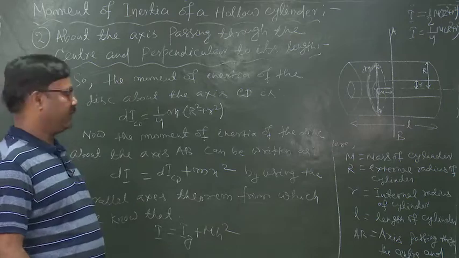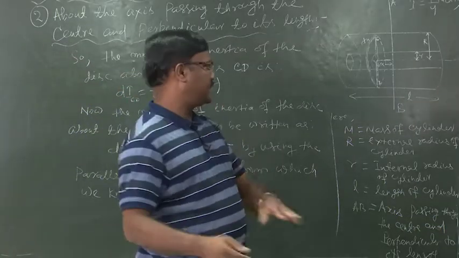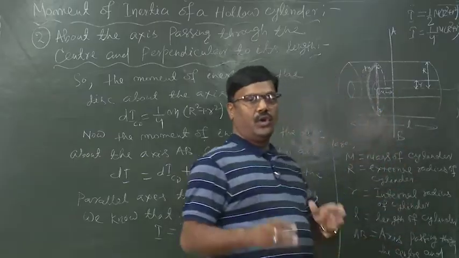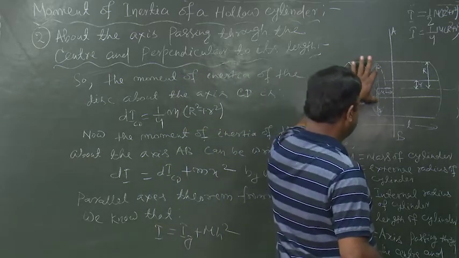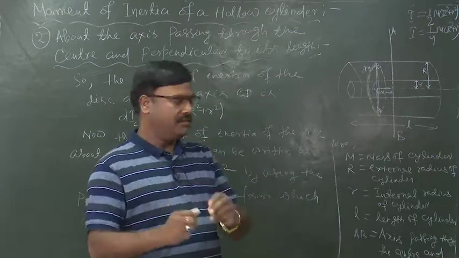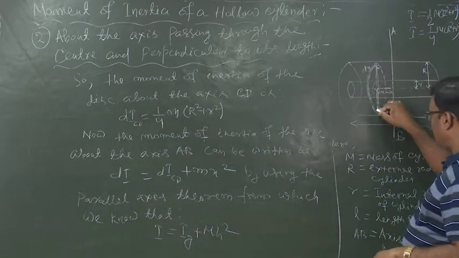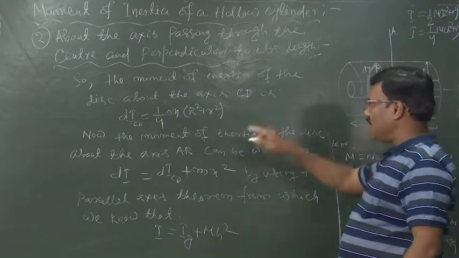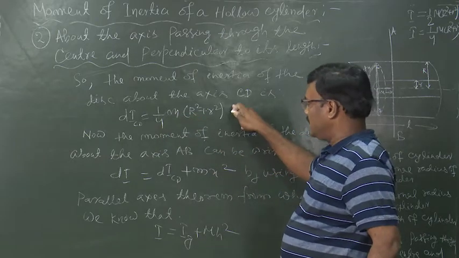What we have done here? Our intention is to find the moment of inertia of this cylinder about the axis AB, for which we considered a circular disc at a distance x from the axis AB. Now we calculated the moment of inertia of this circular disc about one of its diameters CD and found it to be 1 by 4 m into r square plus r square.